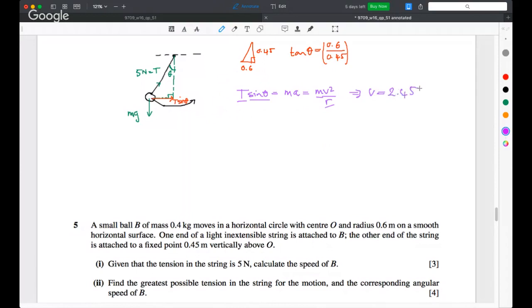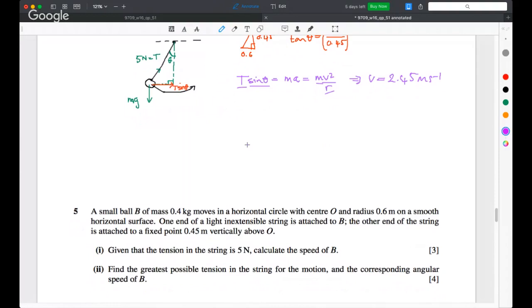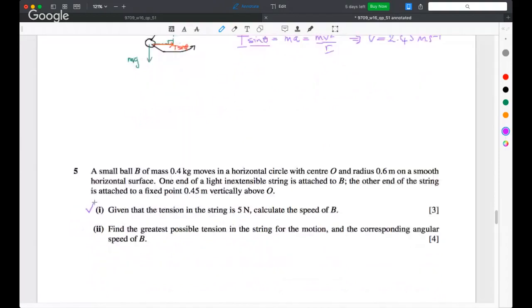2.45 meters per second. So that's done. Now, they're looking for the greatest possible tension in the string for the motion. So by this they mean basically the greatest the tension in the string is going to get without the thing lifting up off the floor. So when would something lift up off the floor?